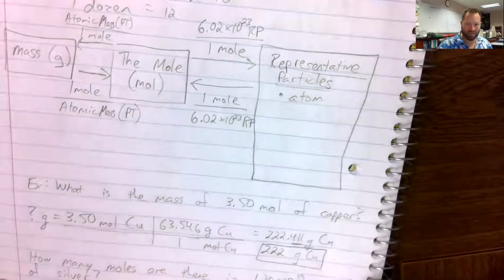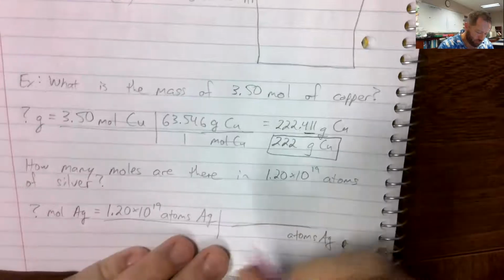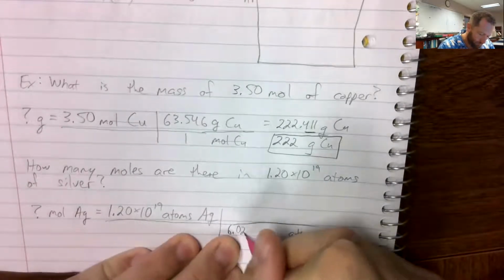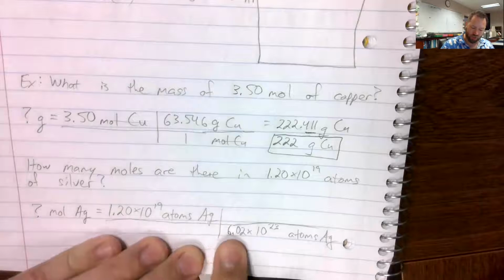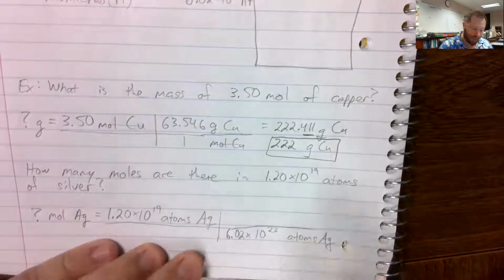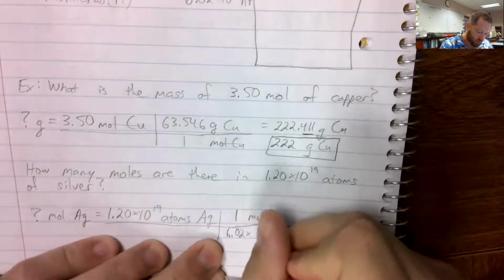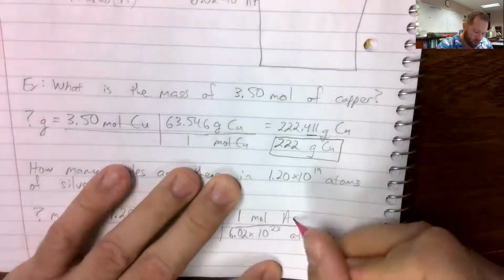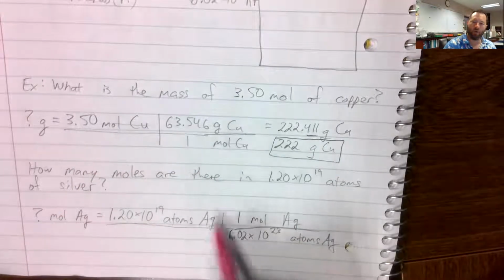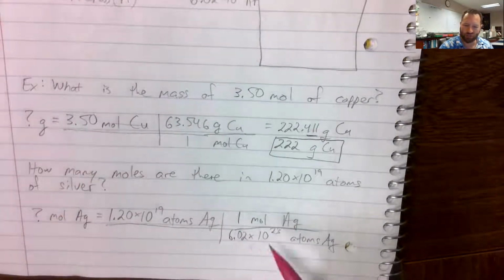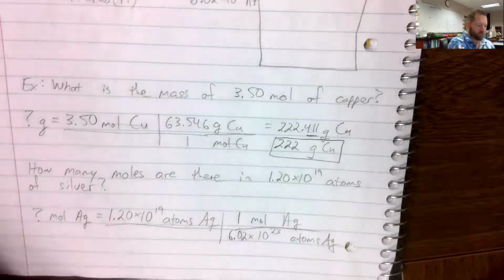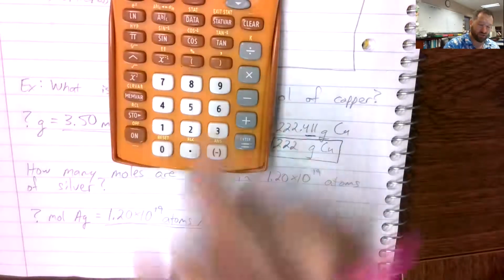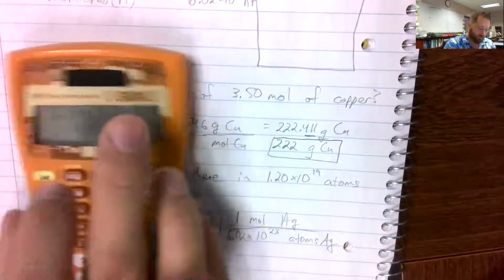One on top, 6.02 representative particles on the bottom. So 6.02 atoms is 1 mole of silver. And that 1 mole, it's kind of like saying 1 dozen silver is 12 atoms of silver. So 1 mole is 6.02. It's the same concept. It's a much larger number than a dozen.